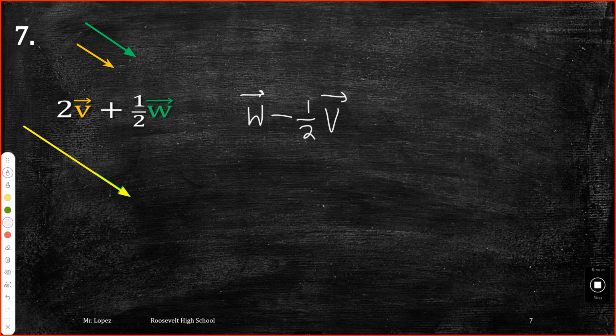Talk to your partner. Let's see if you can come up with the answer. What do you think is going to be the answer to that? You guys do it.